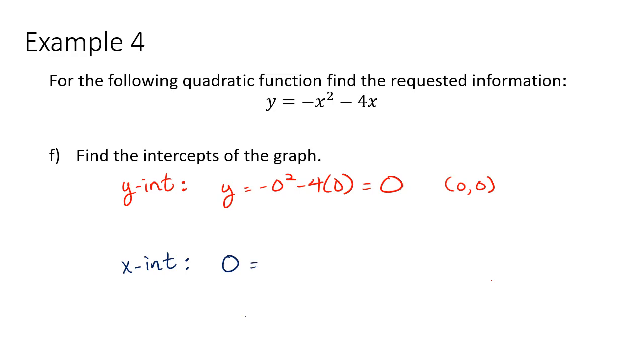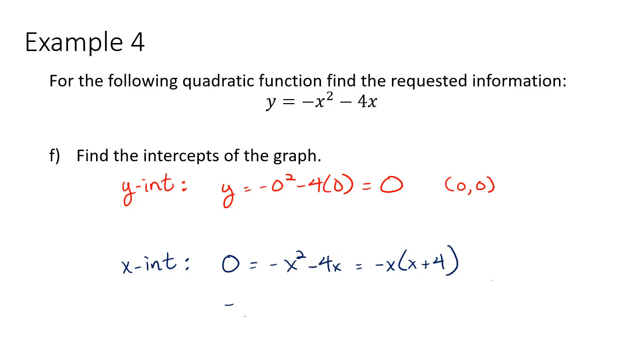For the x-intercepts, I'm going to plug in 0 for y. And because there is no constant term, we can use the greatest common factor method. I'm going to factor a negative x out of both terms, which would leave me with a positive x to the first power and a plus 4.